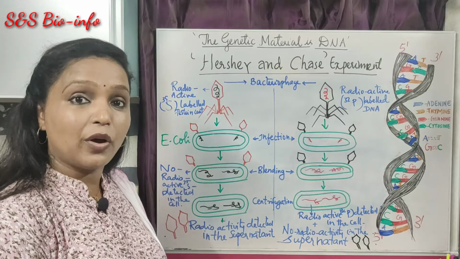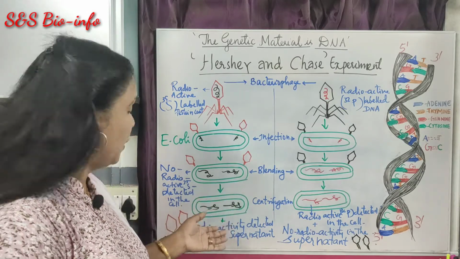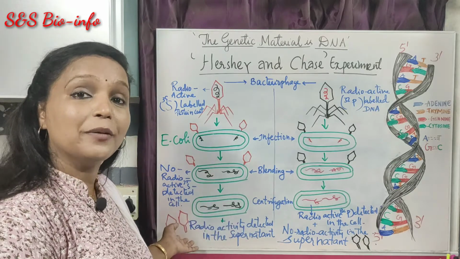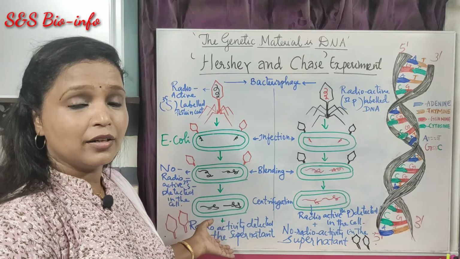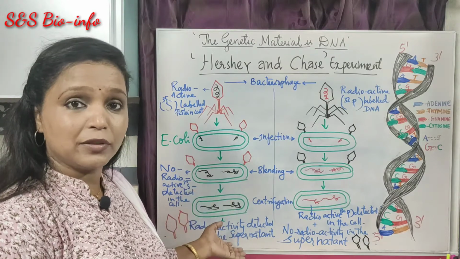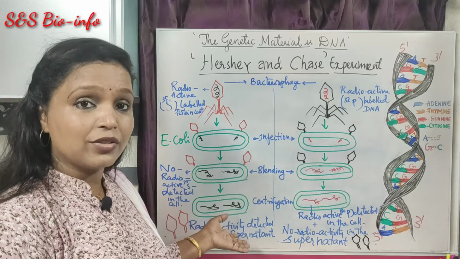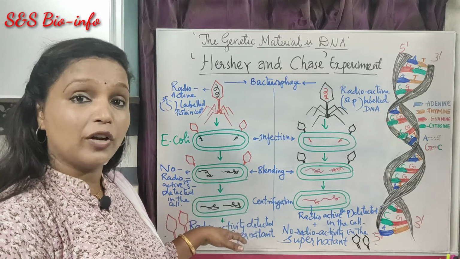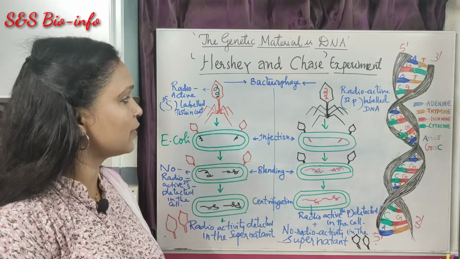It was not radioactive. Here the radioactivity was detected in the protein coat of the bacteriophage. So it concludes that protein is not the genetic material, DNA is the genetic material which gets into the E. coli bacterium during bacteriophage infection.